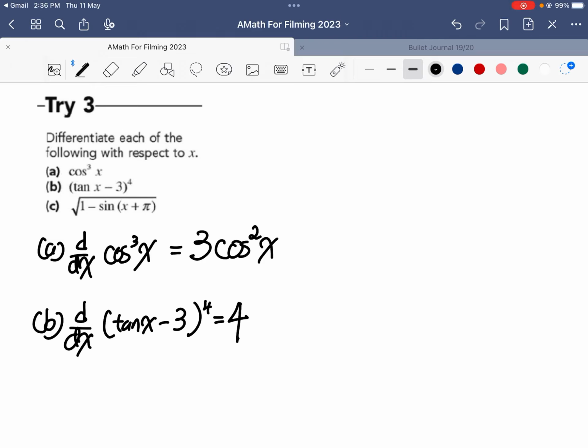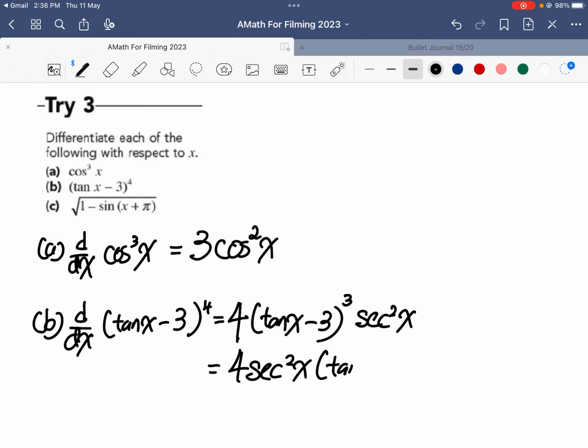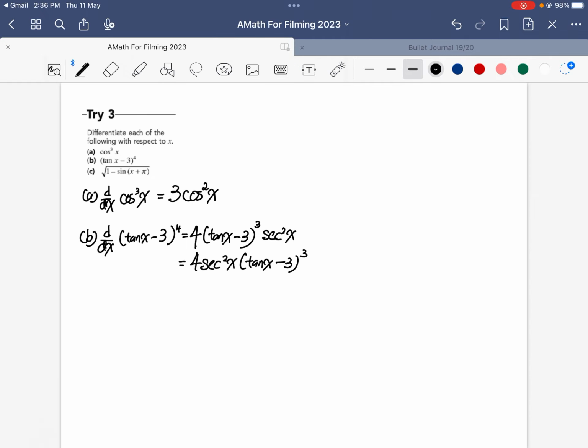First, I bring down the power 4, tangent x minus 3, the power 4 minus 1 is 3. Don't forget to differentiate what's inside the bracket. Tangent x differentiated is secant square x. Hence, I get 4 secant square x multiplied to tangent x minus 3 cubed.